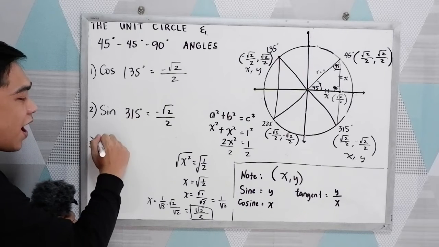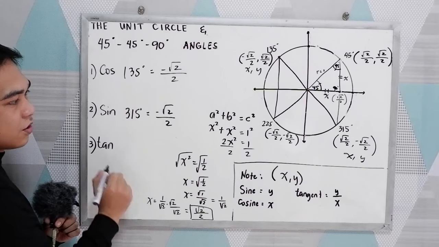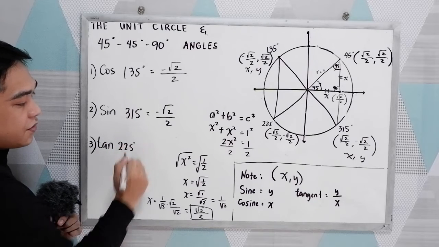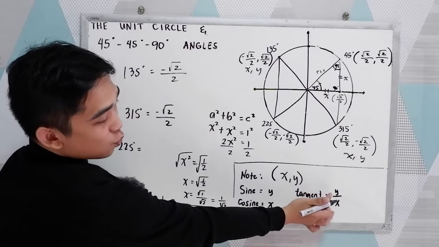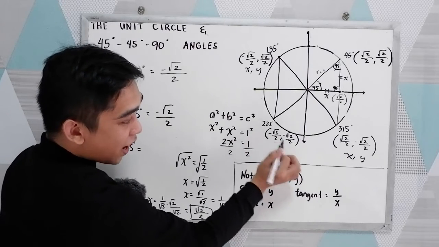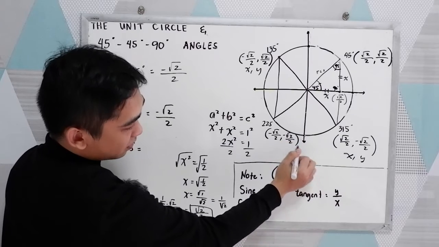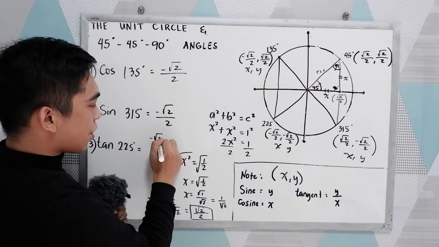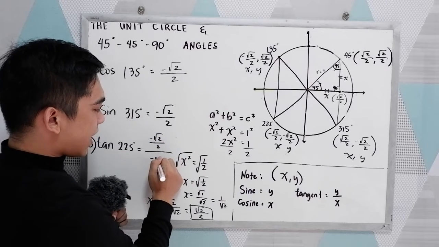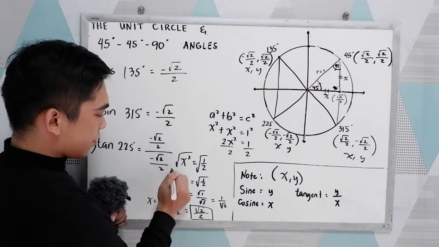Third, find tangent 225 degrees. So tangent is y over x. So for 225, y over x, we have negative square root of 2 over 2 all over negative square root of 2 over 2.